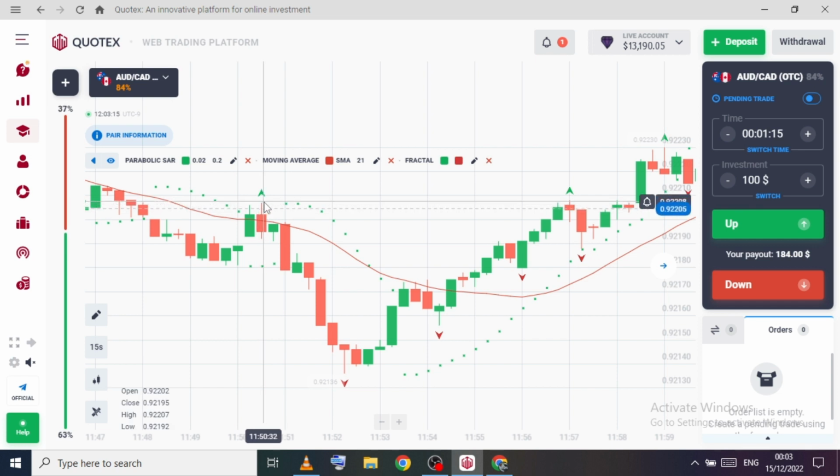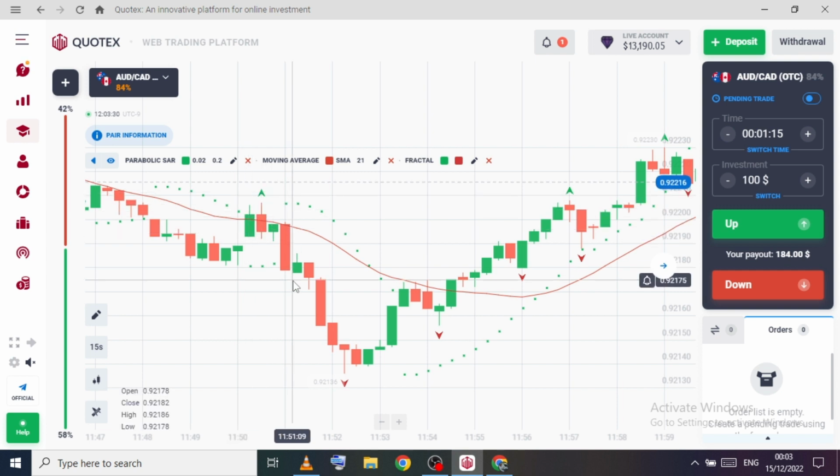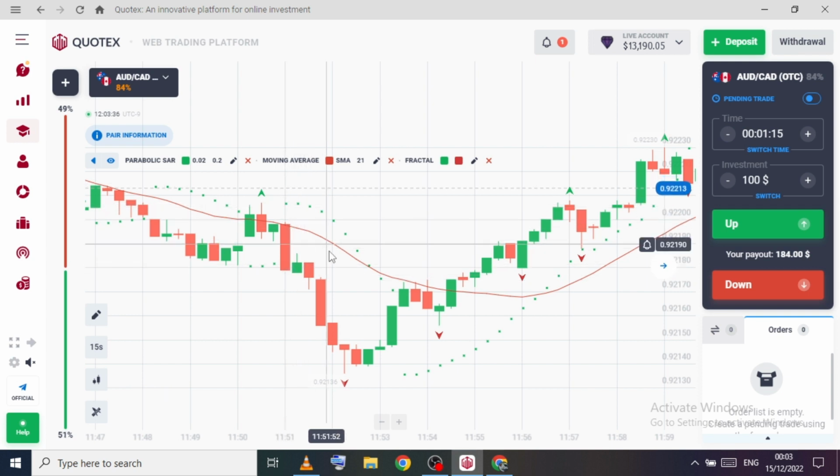As you can see, it's more like a pin bar type of situation, and then we have this candle a little bit lower, and then this candle again a little bit lower, and then this fractal is giving us a signal that we're going down. But we're gonna have a total confirmation with the SMA21 and also the Parabolic Sar.